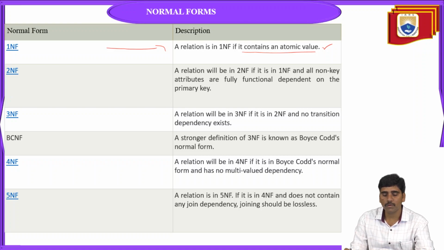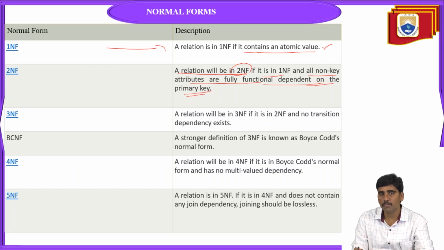And a relation will be in second normal form if it is in first normal form and all non-key attributes are fully functionally dependent on the primary key.